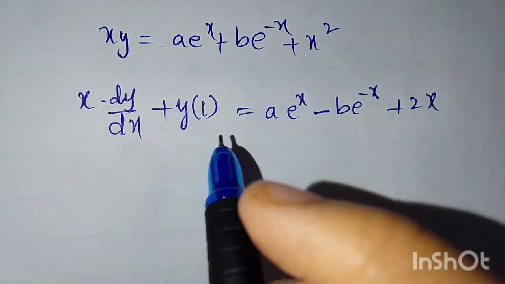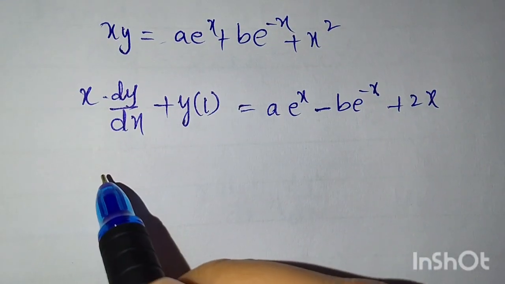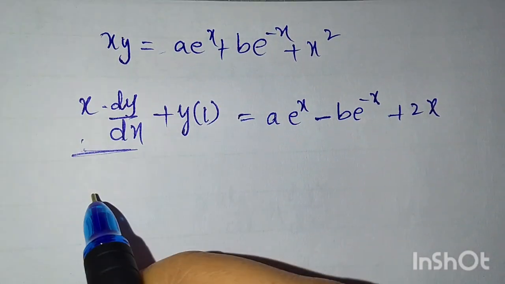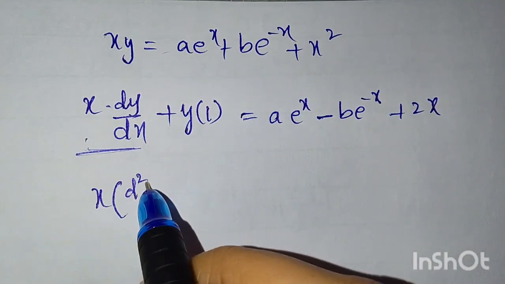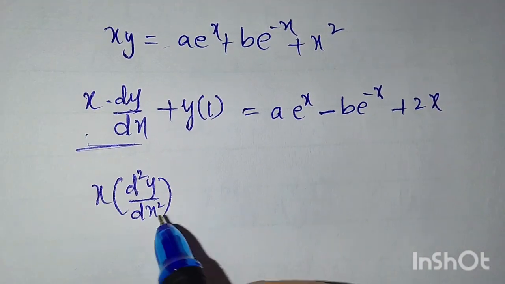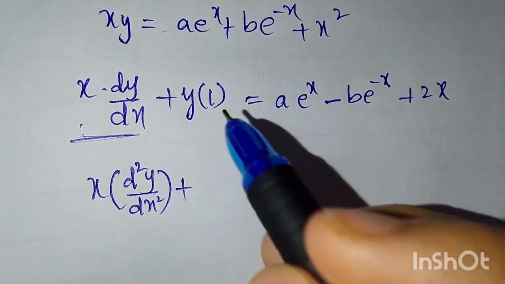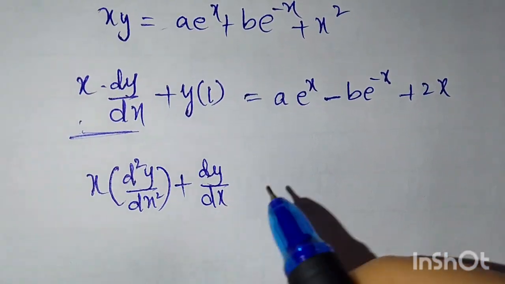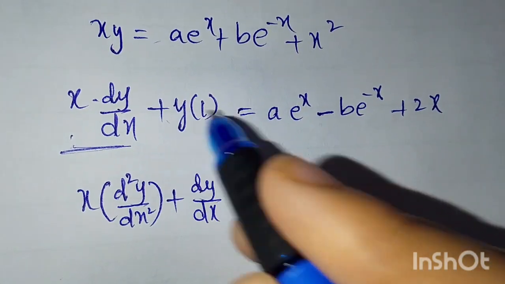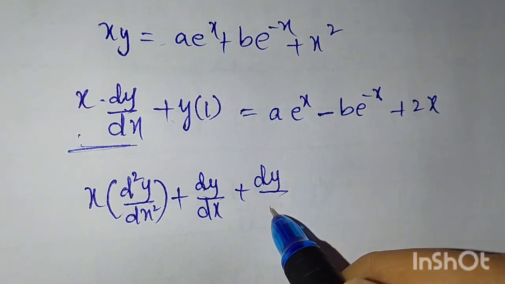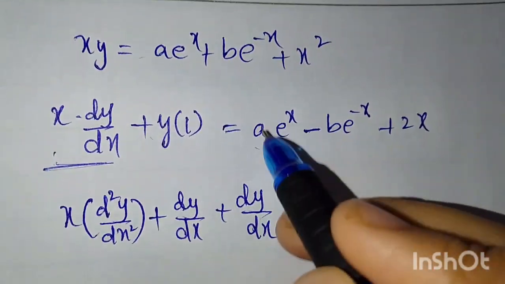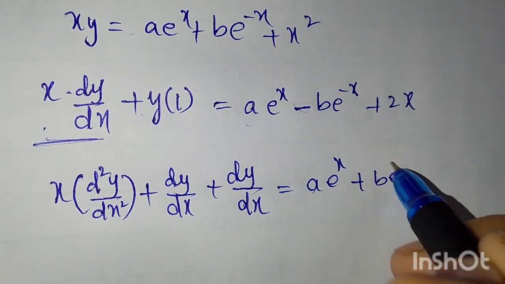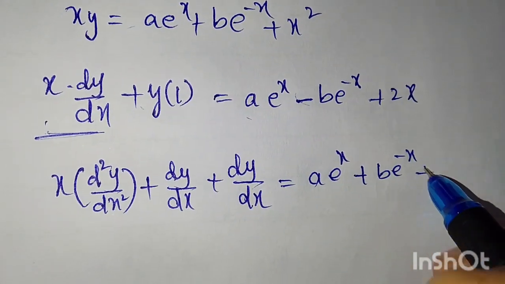Okay, so we'll differentiate again. First uv for this two, so x into d square y by dx square plus x differentiation is 1, so dy by dx into 1. Next, this differentiation, dy by dx, this side a e power x only, this side plus b e power minus 2x.